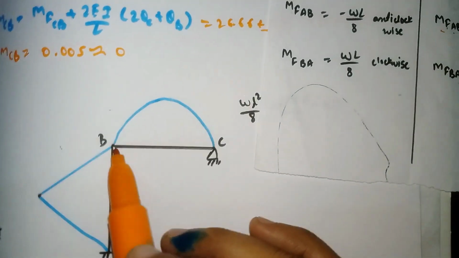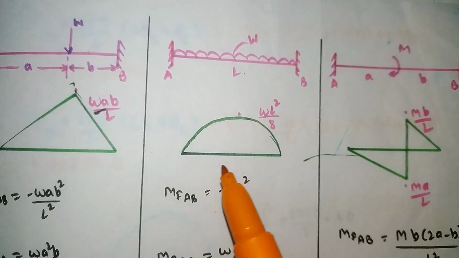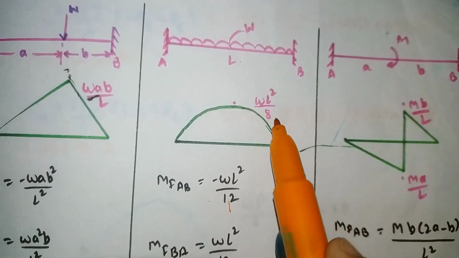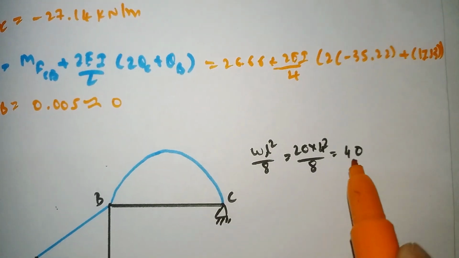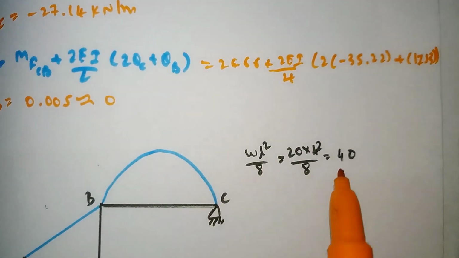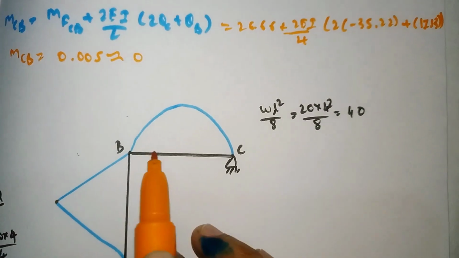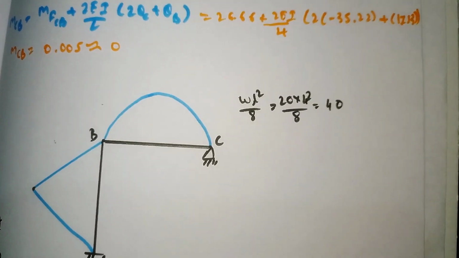Similarly BC is carrying the UDL. For UDL we have the free body diagram like this parabola. To find out this maximum we have the formula WL square divided by 8. Substitute all the values, it will come out as 40. Maximum height of this is 40. So this is our free body diagram of UDL.